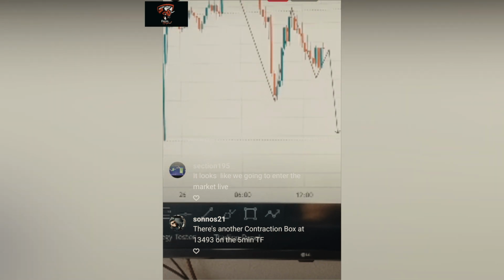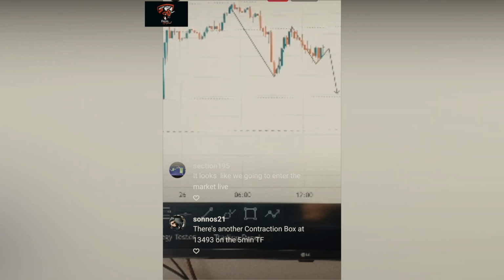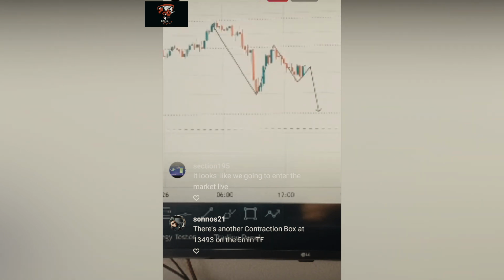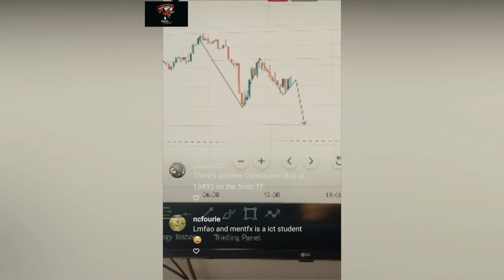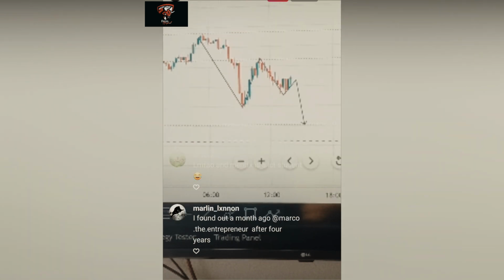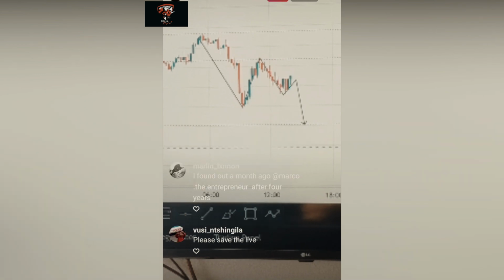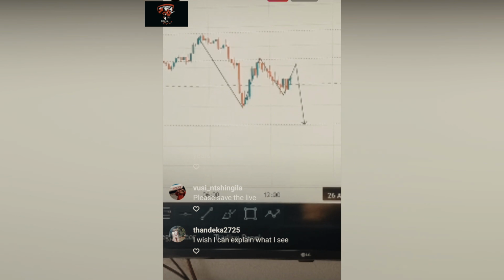It's not a MintFX box, but okay. There we go. So what are they going to try to do? They're going to try to test that high, fail it, generate liquidity.